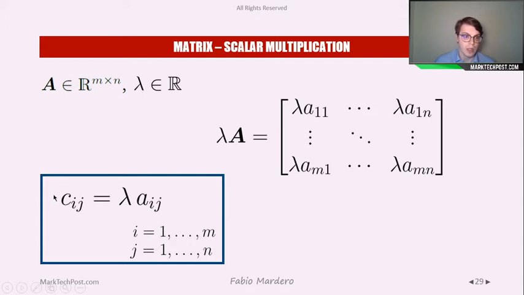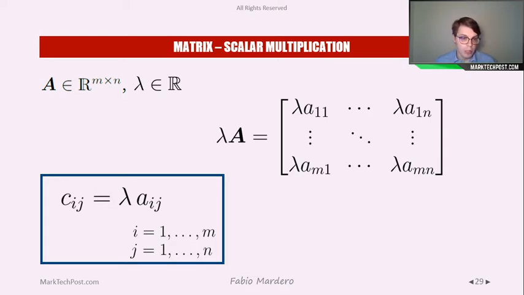Here is the result, the generic element of the result of scalar multiplication, that is the multiplication between lambda and the element of the A matrix.